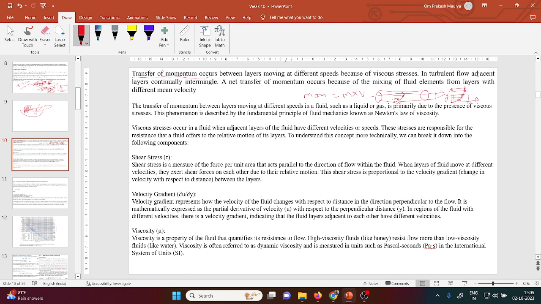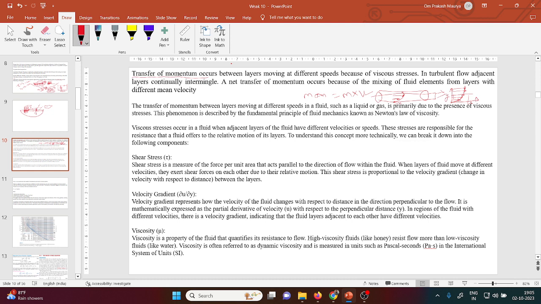So the meaning of momentum transfer is that the lower layer tries to reduce the velocity of the upper layer.